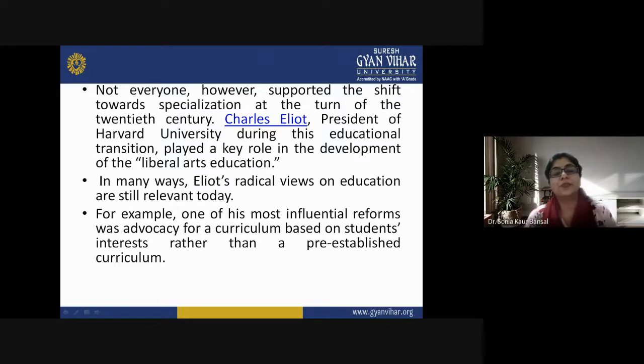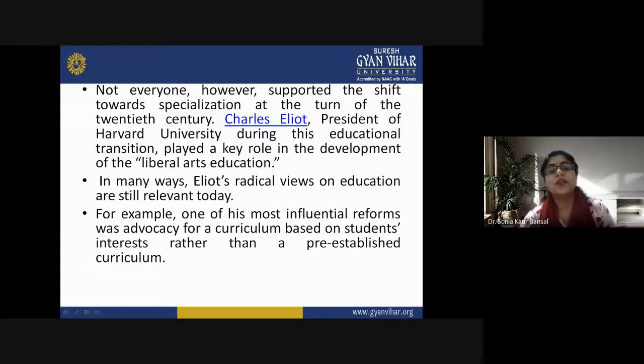Charles Eliot, president of Harvard University during this educational transition period, played a key role in the development of liberal arts education. In many ways, Eliot's radical views on education are still relevant today, students.